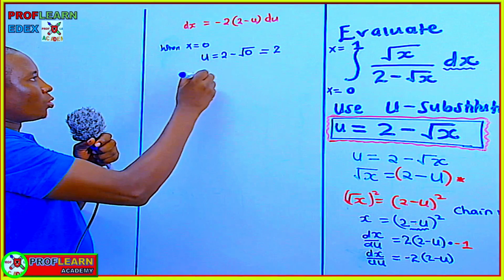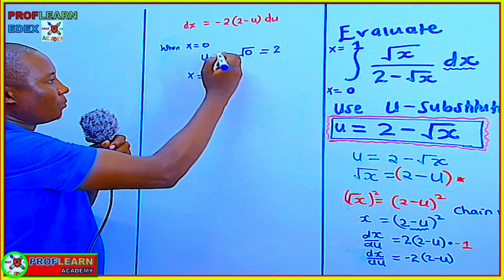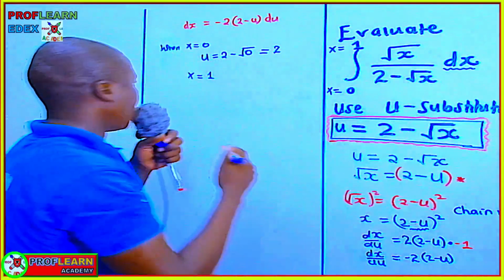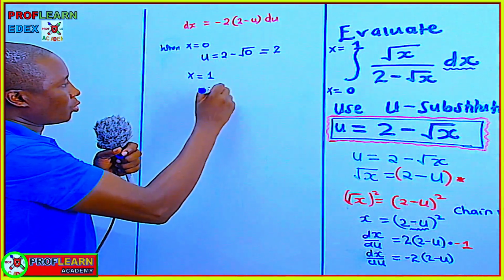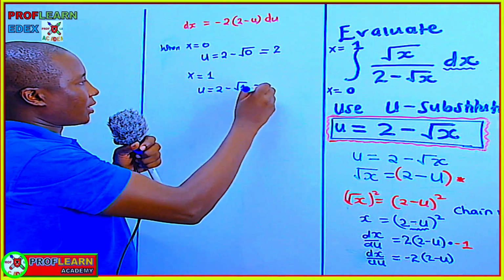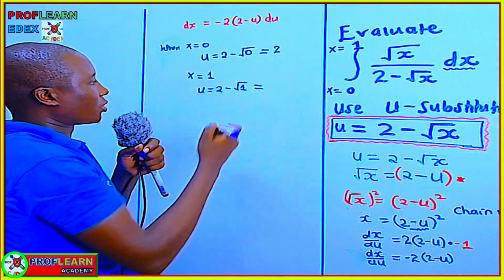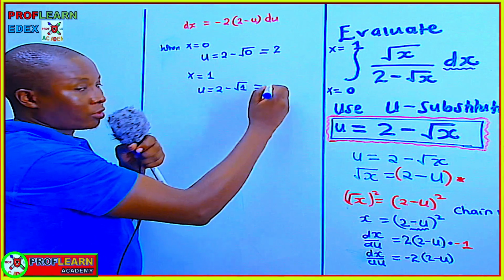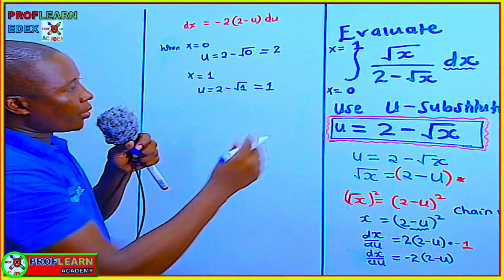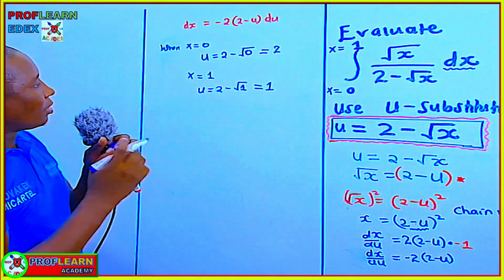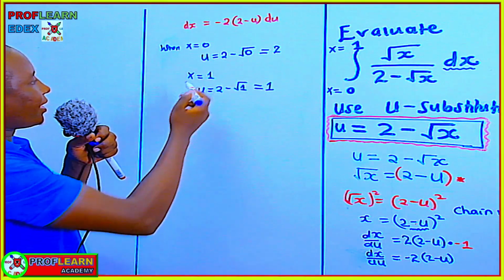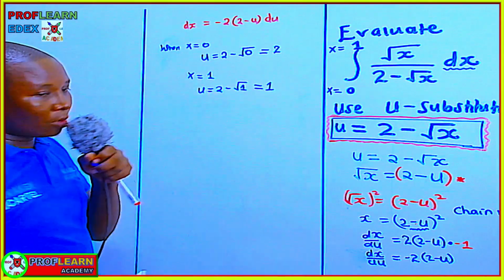When x is equal to 1, u is 2 minus square root of 1, and the square root of 1 is 1, so u becomes 1. So when x is 0, u is 2, and when x is 1, u is 1.